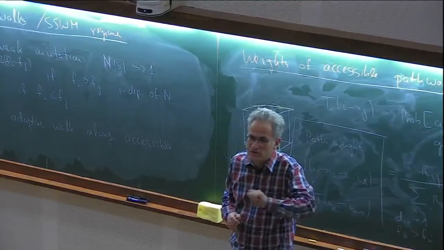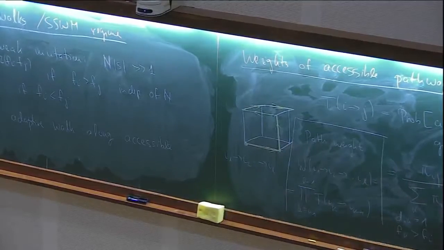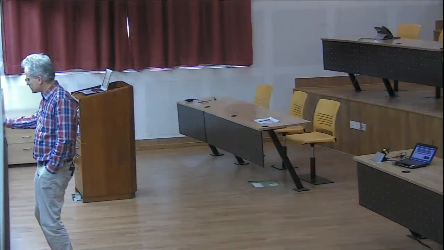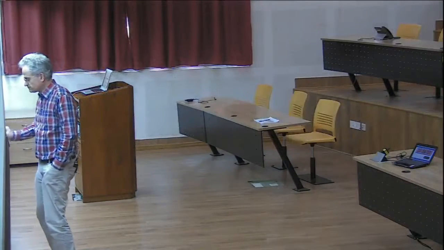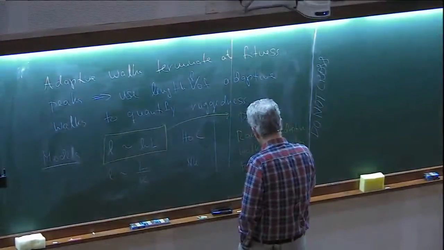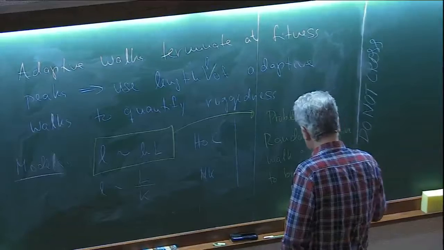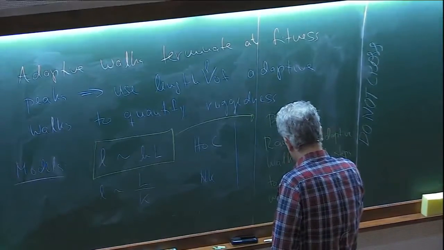So you don't actually care about the selection coefficients. The random adaptive walk means that all steps to beneficial mutants are equally likely.